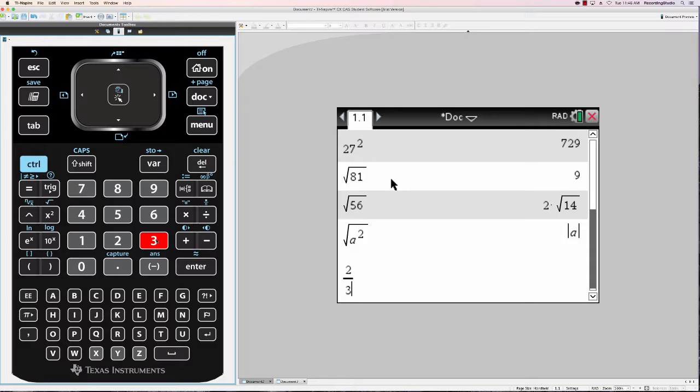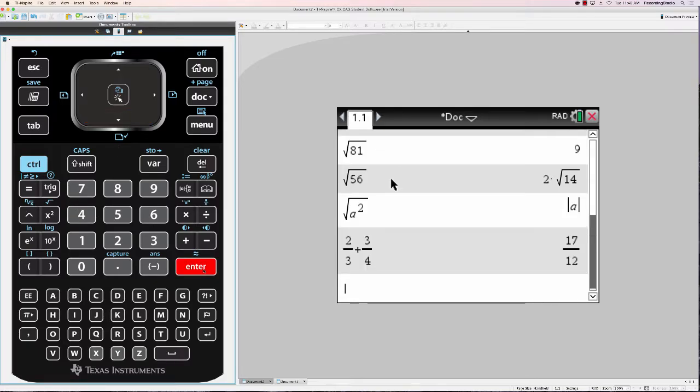Notice the cursor is still in the denominator. So if I wish to add something, I must move to the right. And I'm going to add to that the fraction 3/4 and press enter, answer, and it gives me the exact value.